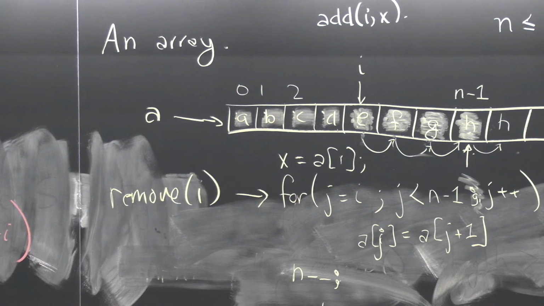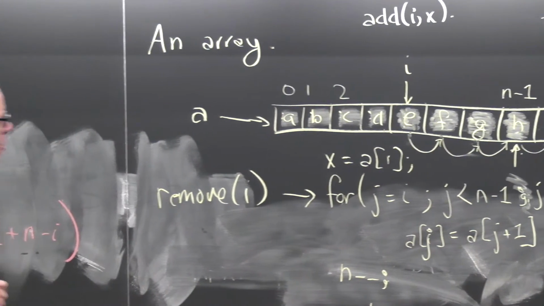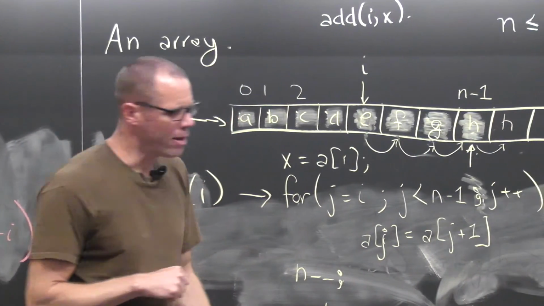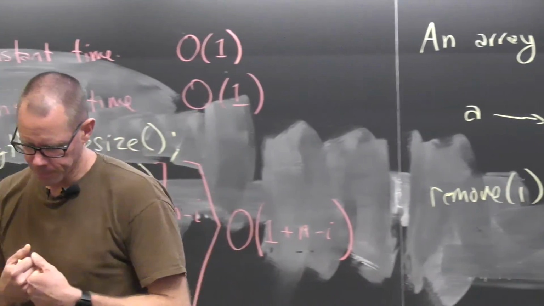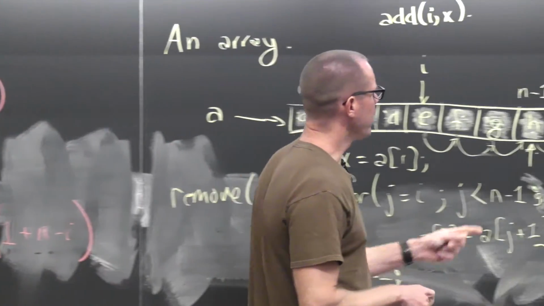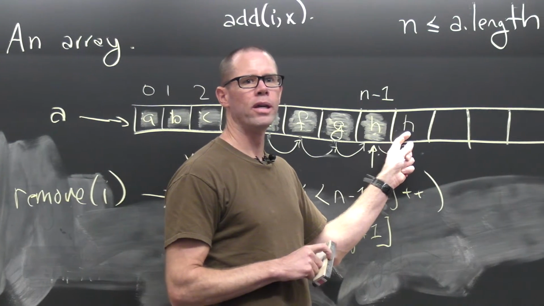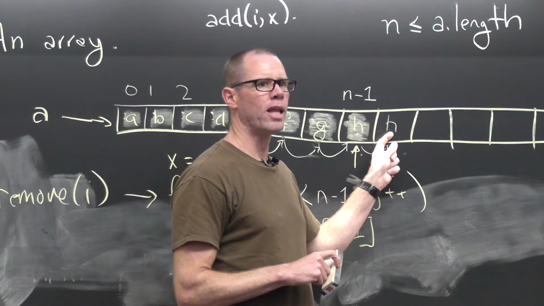Yep. You may want to resize. Yeah, so if you know a little bit about Java, what you'll know is that keeping this thing hanging around here could be a problem for the garbage collector.